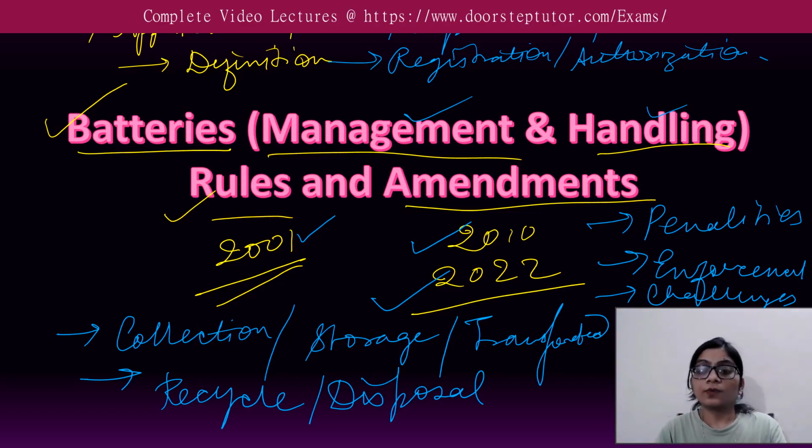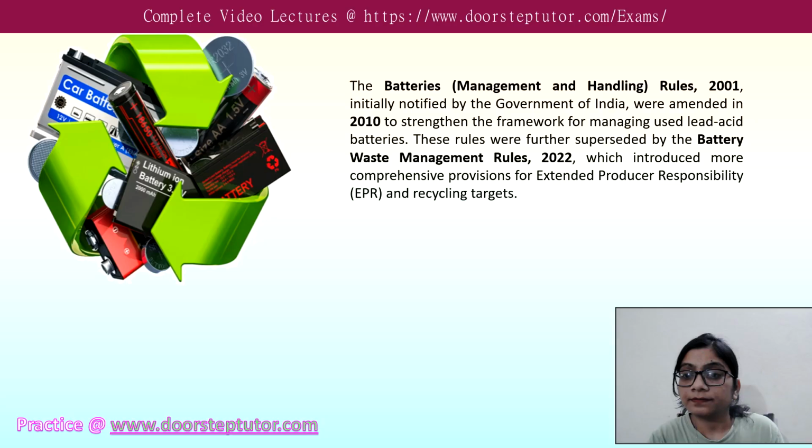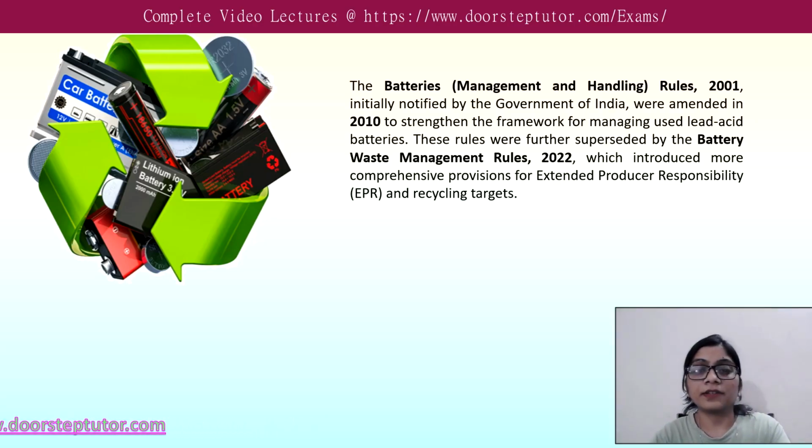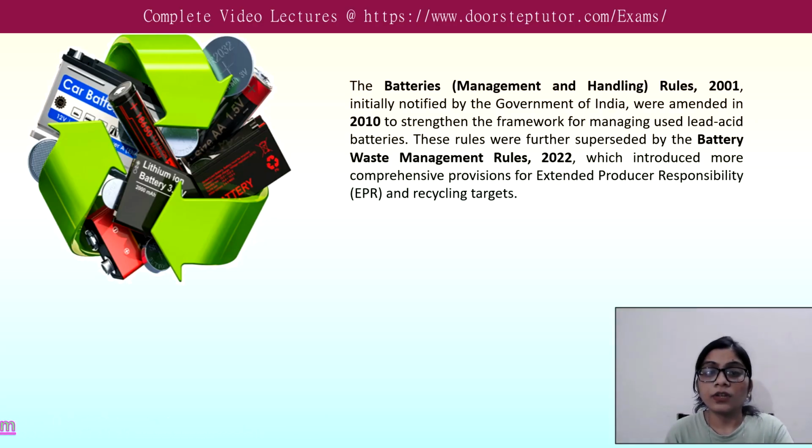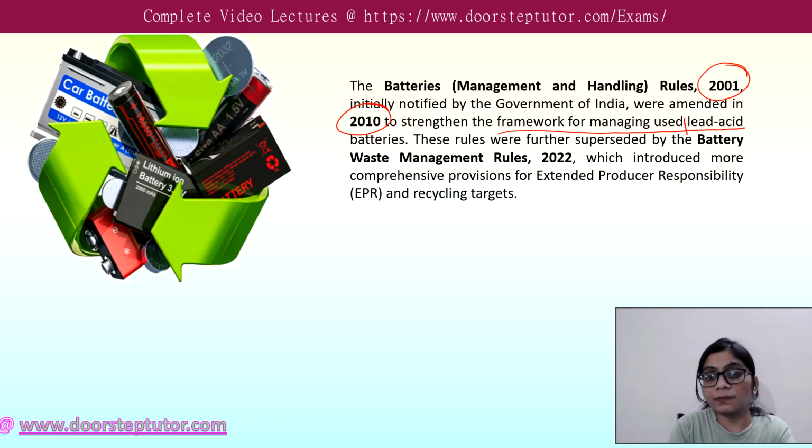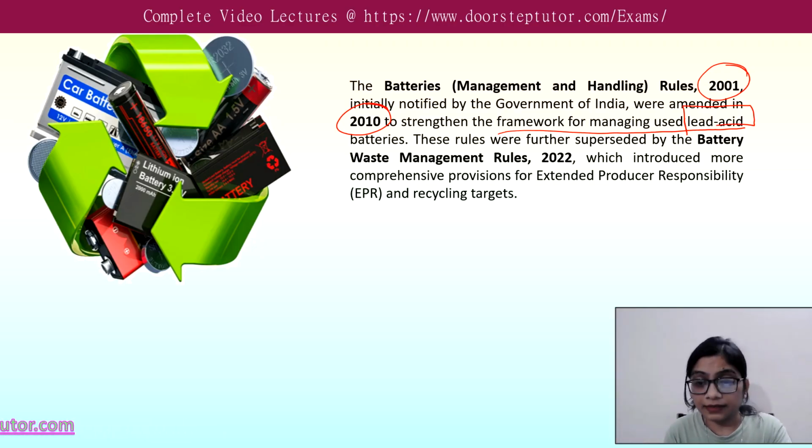Okay, so let's move to our first slide. That is the Batteries Management and Handling Rules of 2001. As we previously talked, the original rule came in the year 2001, then we got this amendment rule of 2010, which actually strengthened the framework for managing the use of specifically the lead acid battery.